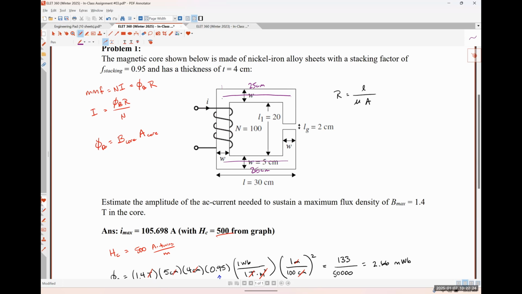What about this guy right here? Yes. Right here. So the inside distance is 20, and then we're going to add half a W on both sides. So that's 20 plus 5. So it's the same thing as 25.